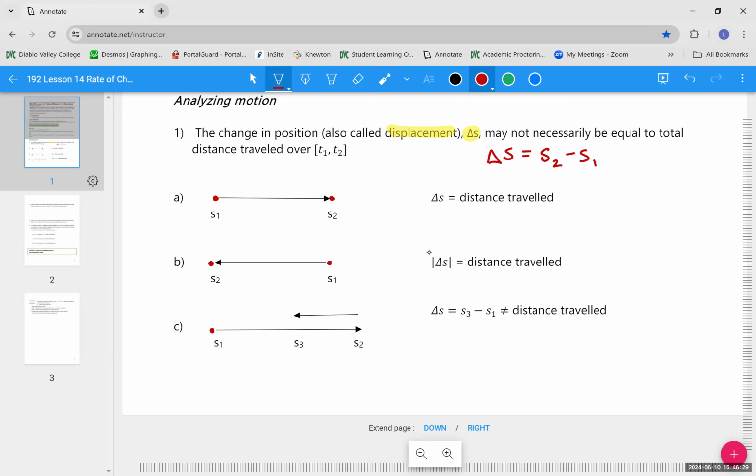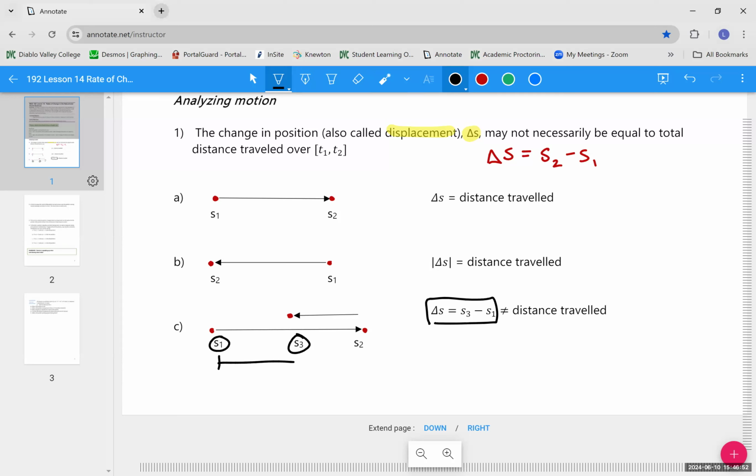But then for our third diagram, we have to throw all of that out of the window, because we have S1, S2, and S3. So we're talking about, in this case, an object that went right and then a little bit left. And if we do the displacement, which I've written here, it would be the final position, which is here, minus the original position.